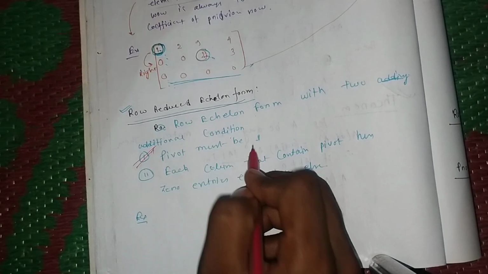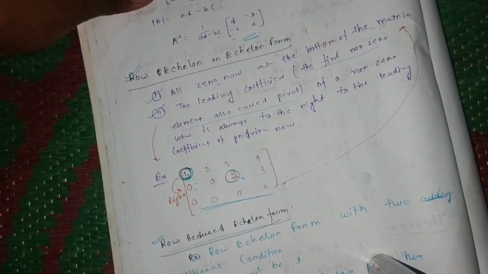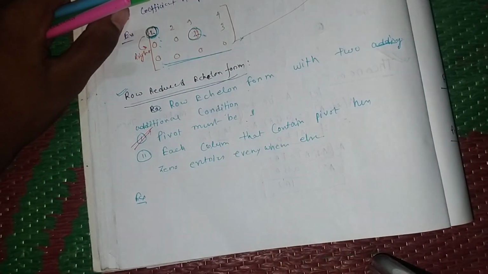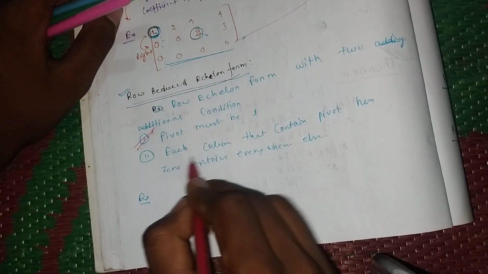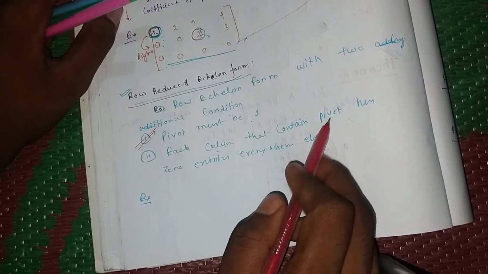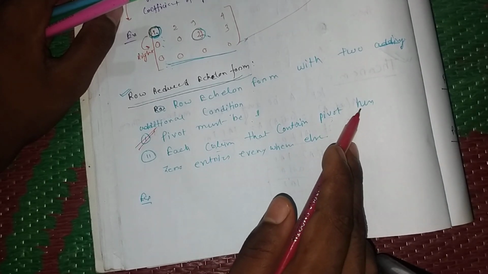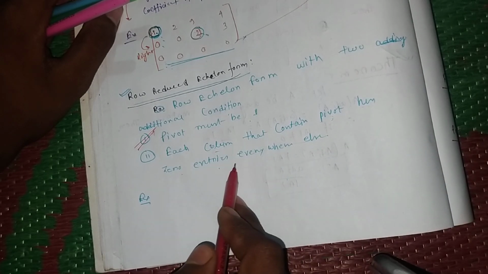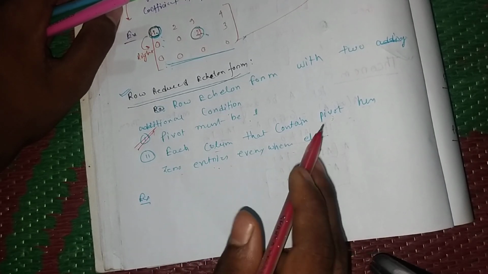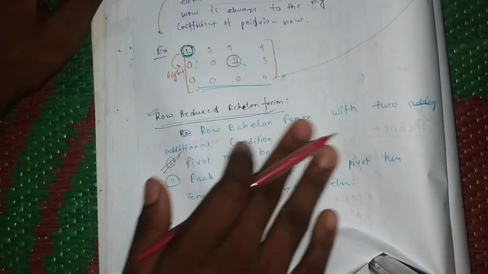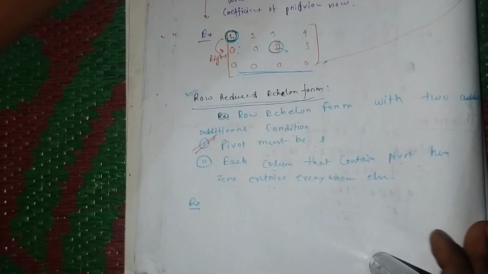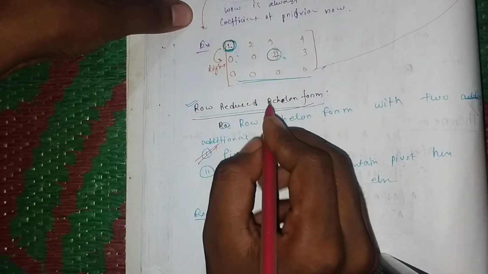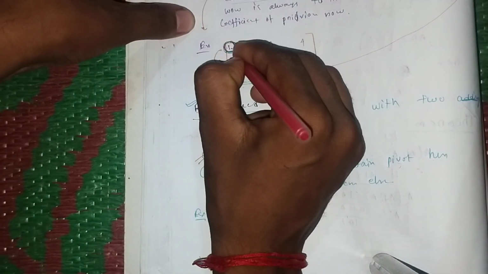Pivot must be 1, meaning the first non-zero coefficient of each row is 1. And secondly, each column that contains a pivot has zero entries everywhere else. This is your zero, this is your pivot.